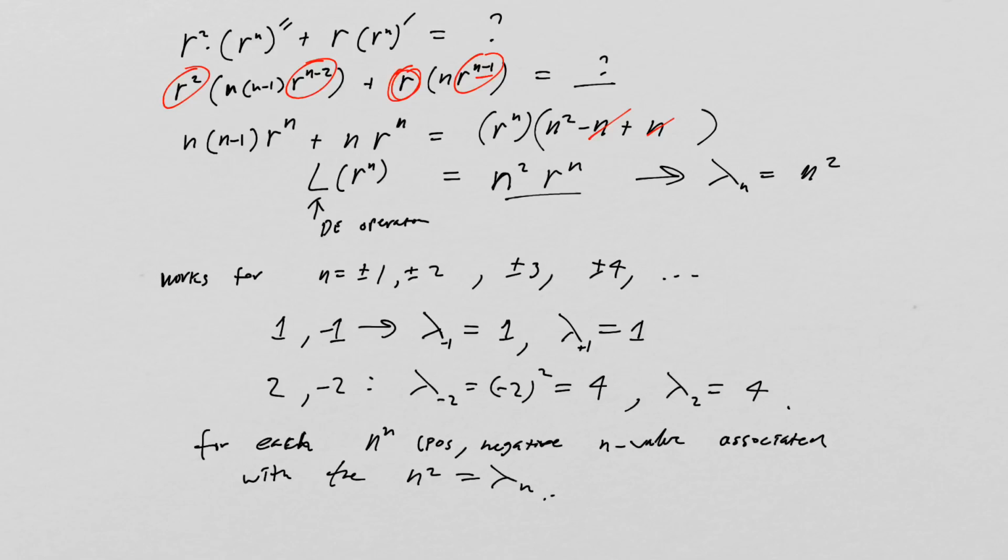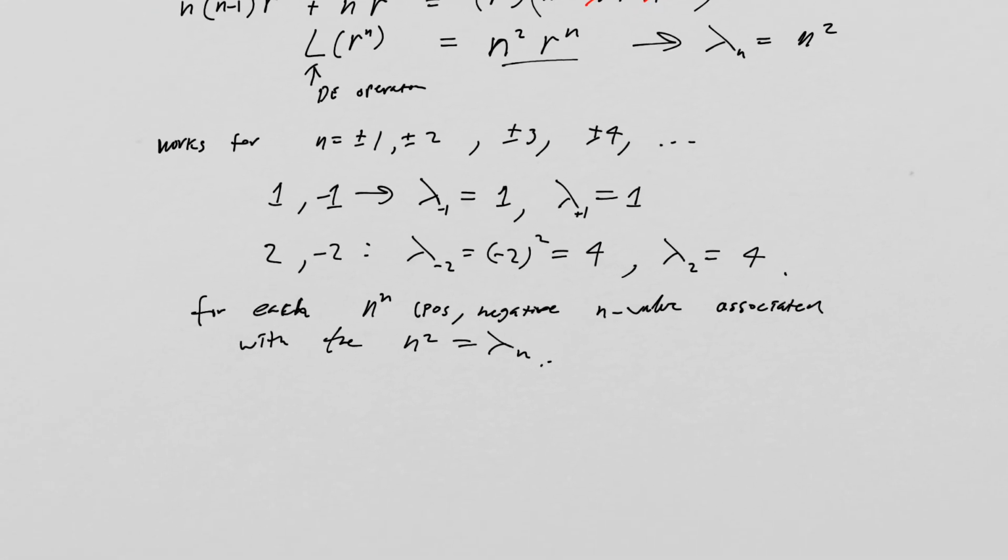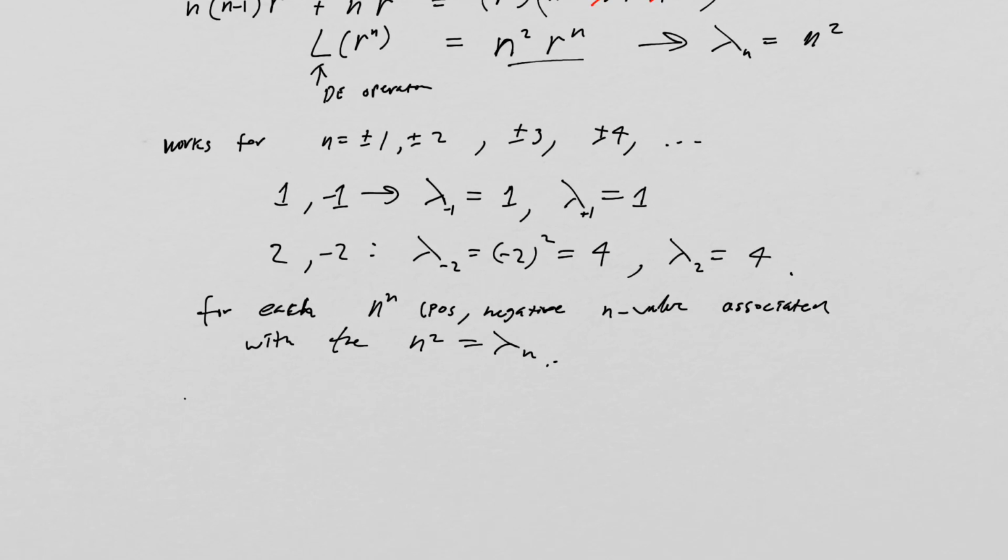Okay, so that's all the video I wanted to make today. It was just a simple video to show you these solutions. Let's just sum them up right here. We have lambda equals 0. We have 1 and natural log of r. And then that's lambda 0, and then lambda equal to n squared.